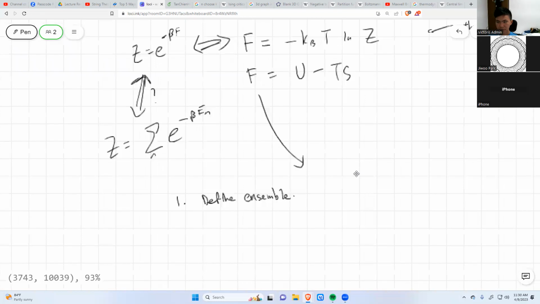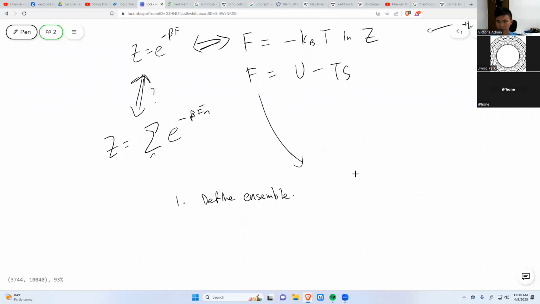Well, you could define temperature, but those types of questions are just too abstract. What's really going on is that your actual system will usually have some kind of heat transfer with the outside world. In that case, it would usually be more reasonable to model it as the canonical ensemble.